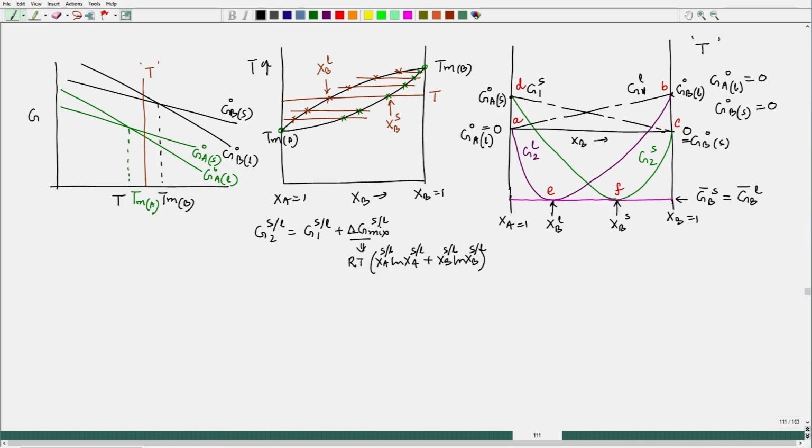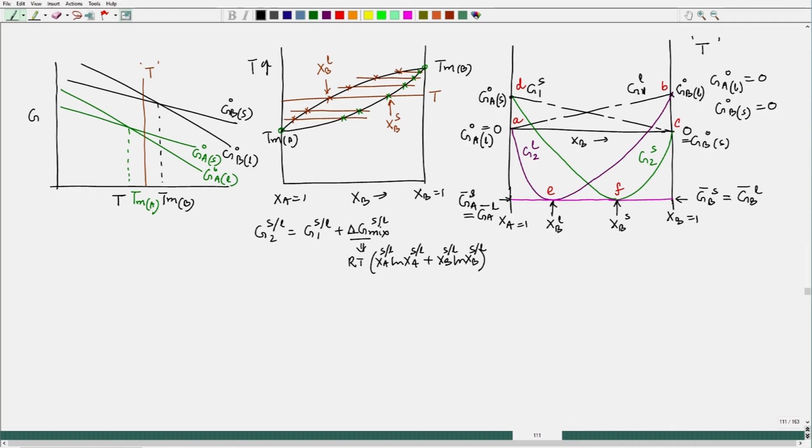The molar partial Gibbs free energy for a component in both solid and liquid should be equal, that is the condition of equilibrium, and at this point G_A bar solid should be equal to G_A bar liquid.